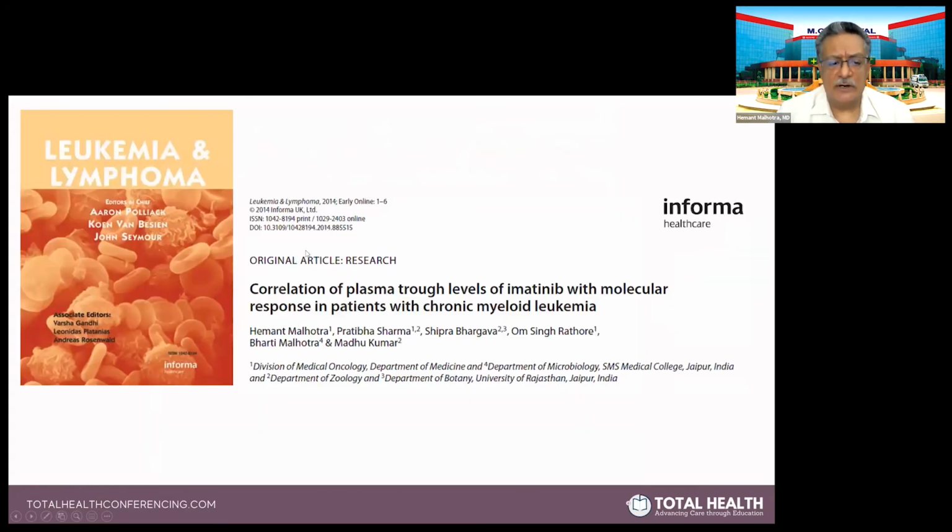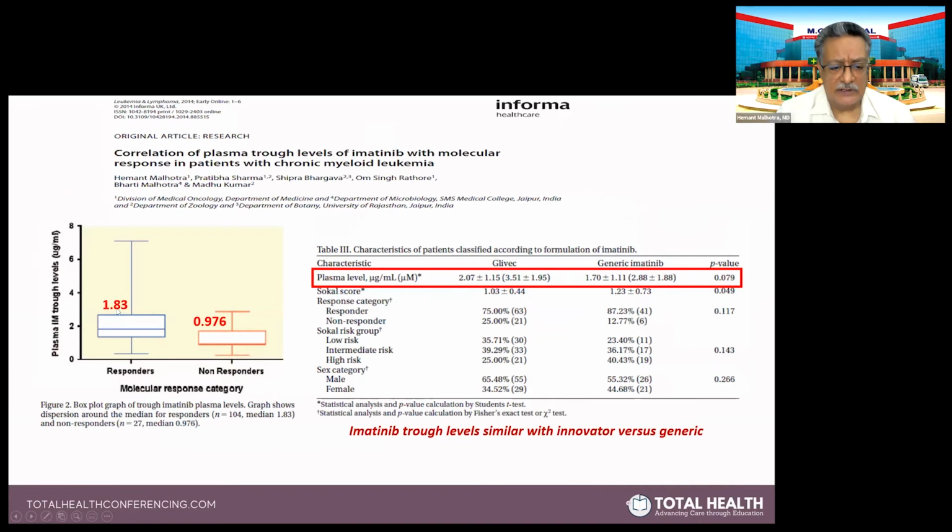Now, ladies and gentlemen, the quality of generics has always been a question mark, and I'd like to show you one little bit of research which we did in 2014 and published in Leukemia and Lymphoma. The basic purpose of the study was to correlate plasma levels of imatinib with molecular responses. We did see that a level above 1 produced more responses.